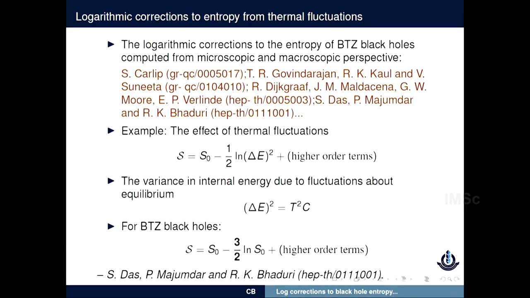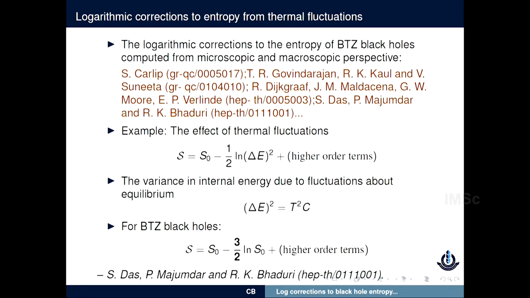If you take S0 to be your equilibrium entropy, then the logarithmic corrections go as the variance in the energy. Because there are thermal fluctuations, you have kept the system in contact with a thermostat, so there are fluctuations in energy, and those fluctuations contribute to the logarithmic corrections. This was computed long back by Das, Majumdar and Bhaduri, and this turns out to be temperature squared times C, where C is the specific heat of the system.